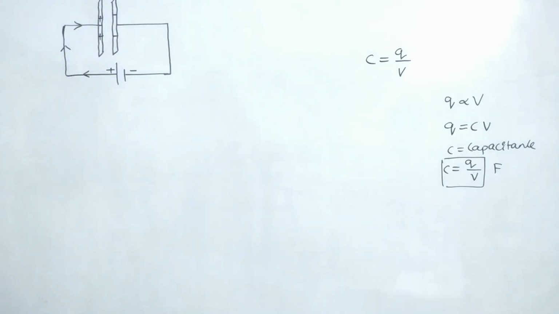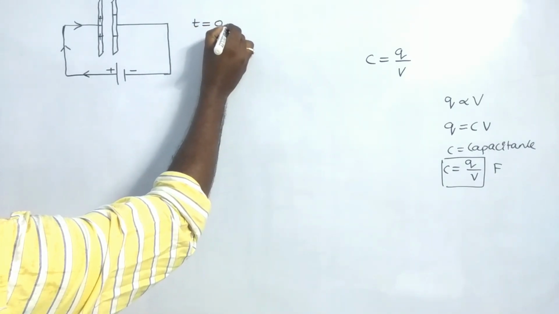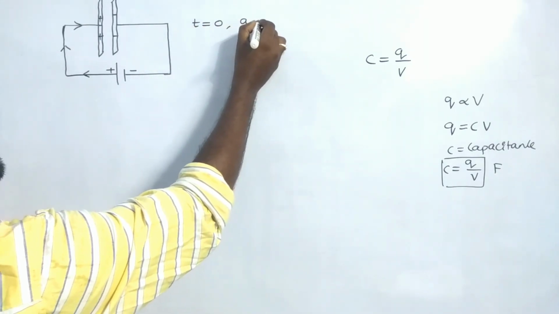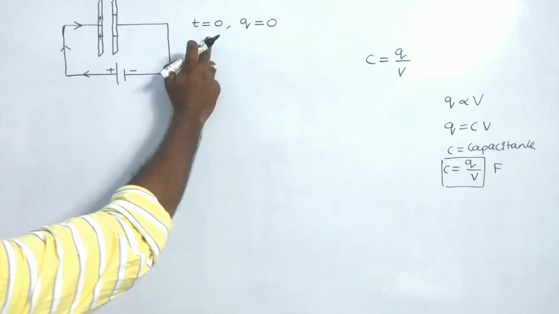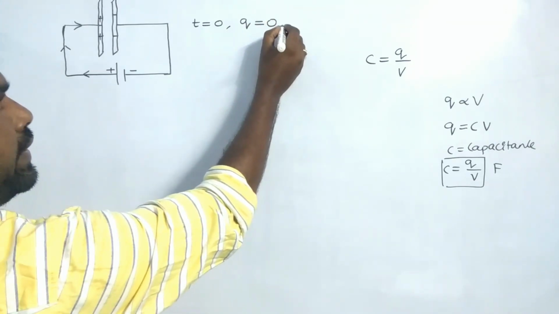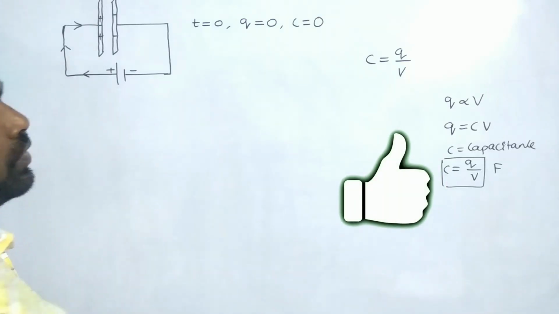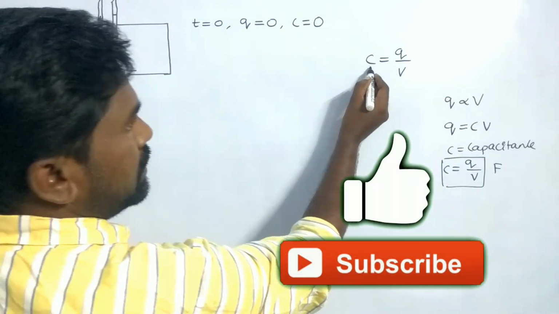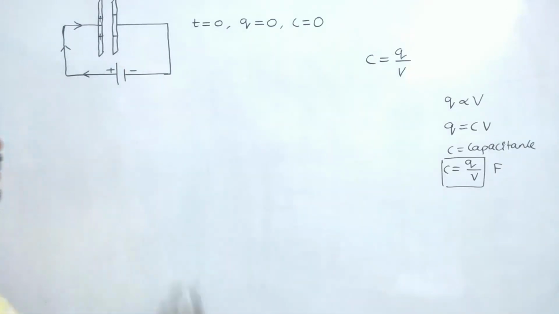At first, at t equal to 0, the charge on the capacitor is equal to 0. At t equal to 0, the charge on the capacitor, Q, is 0, and the capacitance is 0, because C is equal to Q by V, and 0 by something is equal to 0.